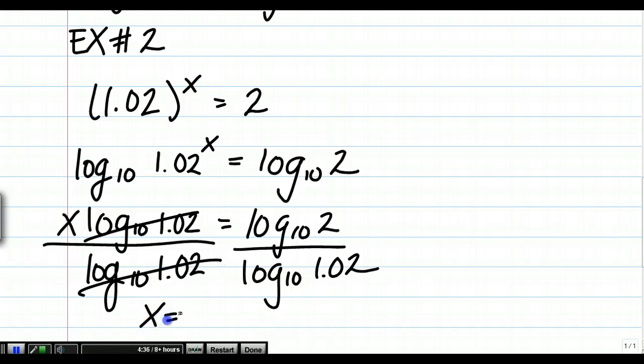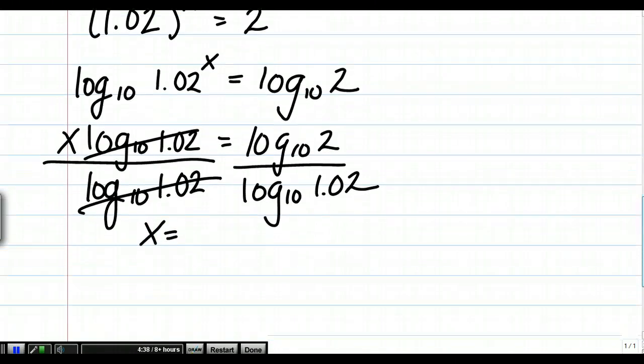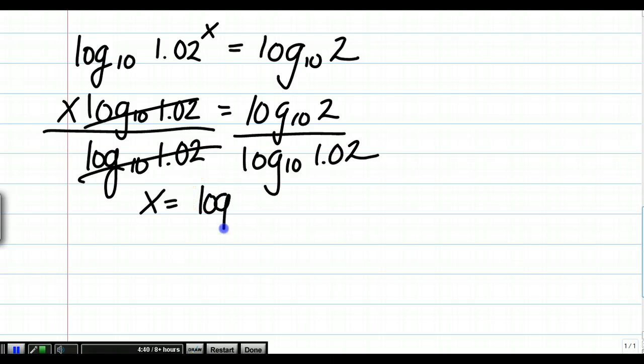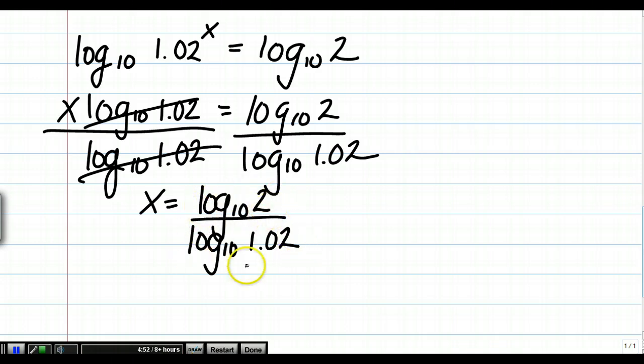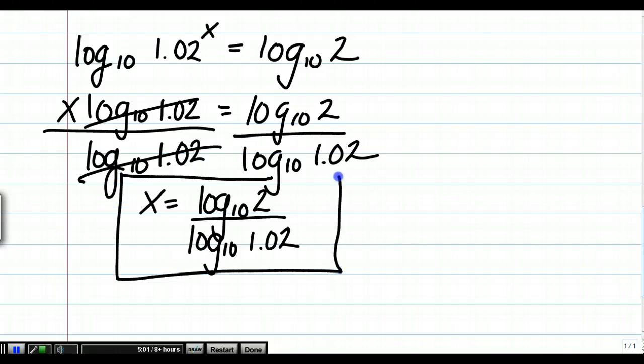I'll have x equals log base 10 of 2 over log base 10 of 1.02. Again, you will have to find what the log base 10 of 2 is and what the log base 10 of 1.02 is in your calculator. Divide them and get a decimal answer. But if it's asking for calculator ready form, this is your final answer.